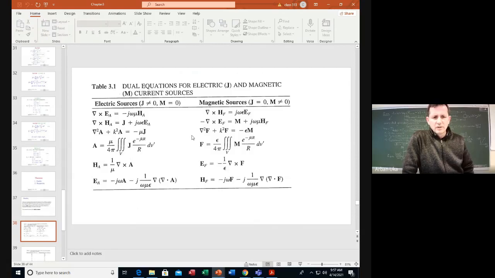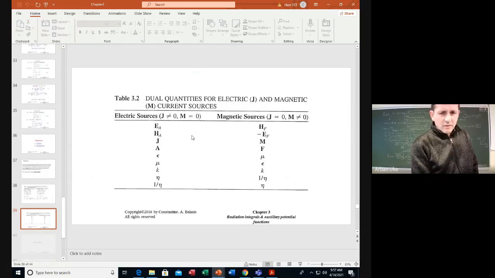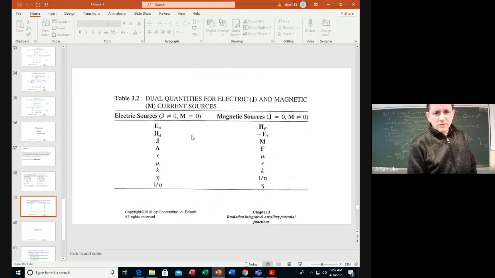If we look at the fourth equation, you can see that the vector potential A can be written using J as a source, and the same thing can be said for the vector potential F, which will have as a source the vector M. Now this is again duality, and when we say duality, this is also something regarding the equivalent expressions from magnetostatics and electrostatics.